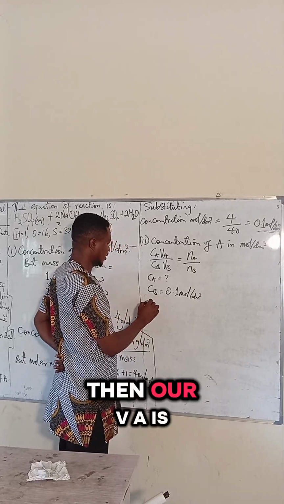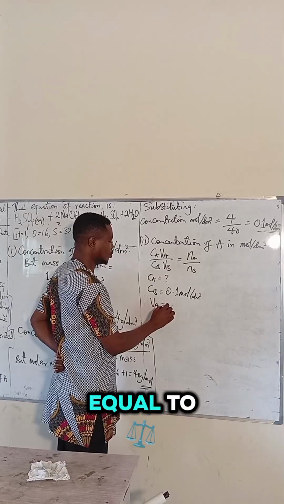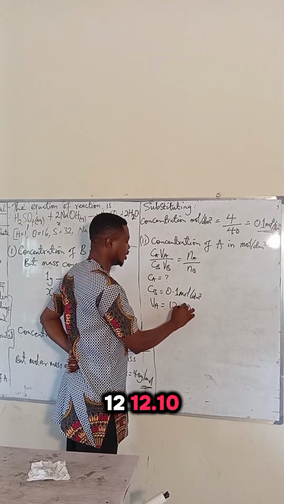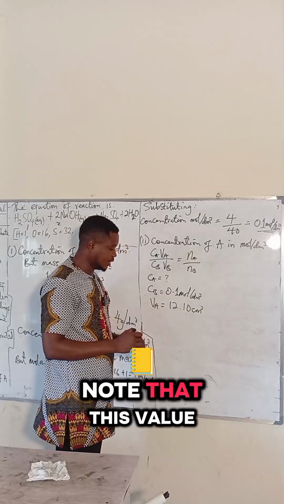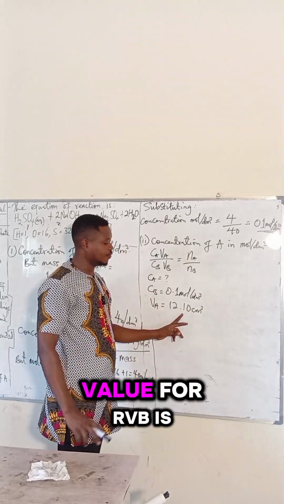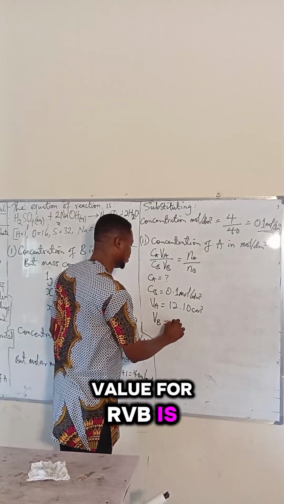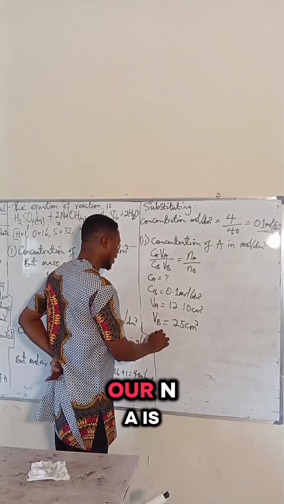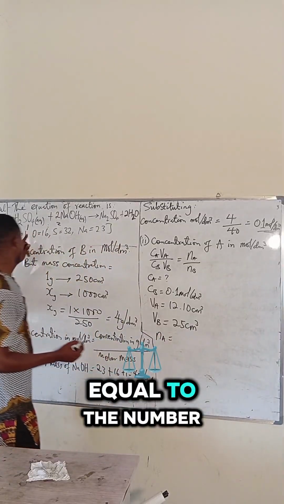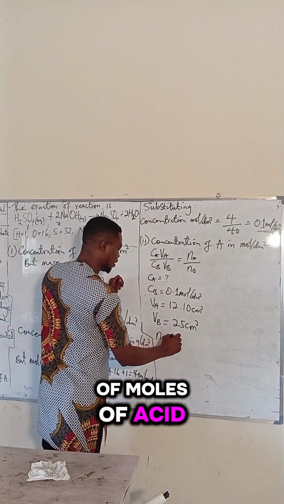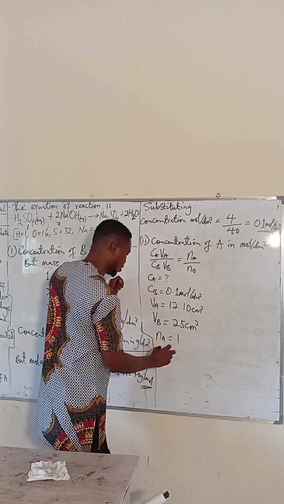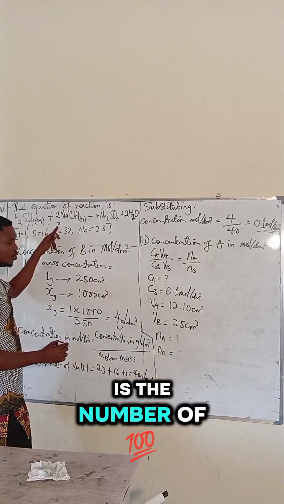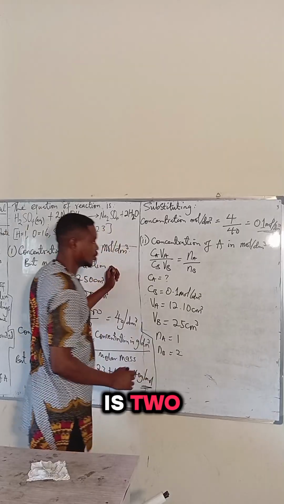Then our VA is equal to 12.10. Note that this value is just the theoretical value for our VB is 25 cm cube. Our NA is equal to the number of moles of acid, which is 1, and NB is the number of moles of base, which is 2.